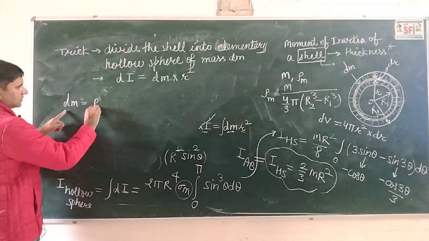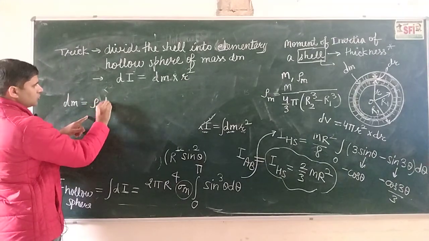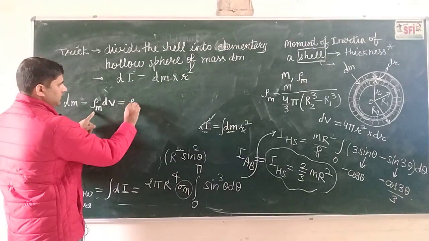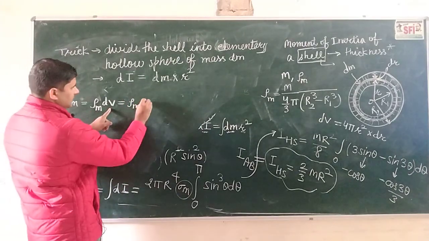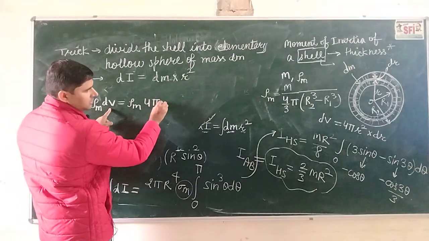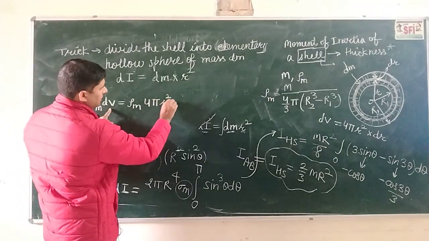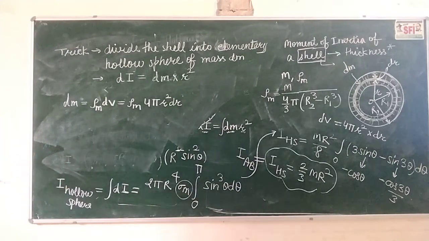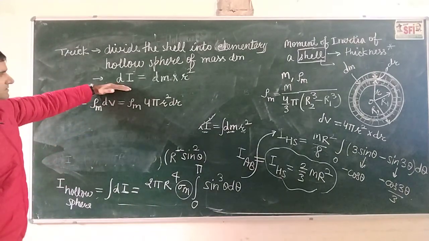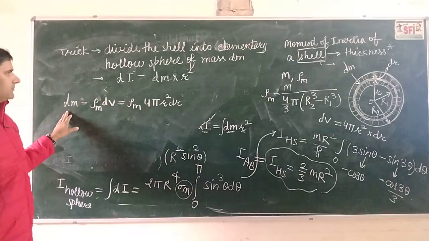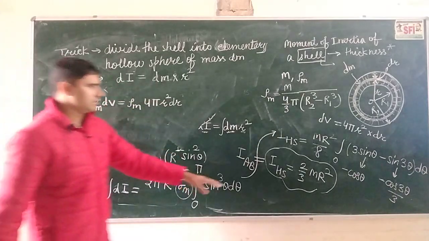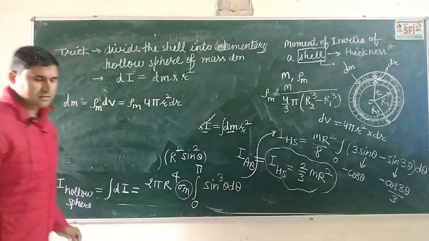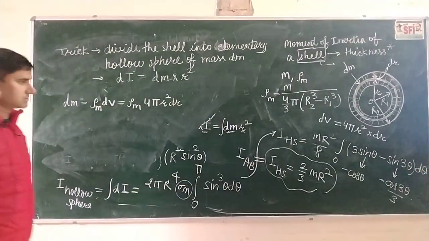So it will be rho m into dV, where dV is 4 pi r square into dr. Now you have to simplify it. You have to substitute the value of dm and integrate within limit r1 to r2. Then you will get the moment of inertia.